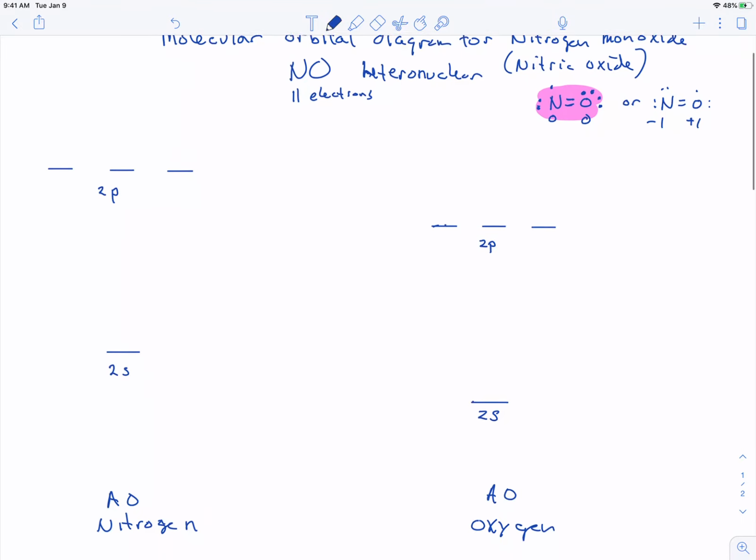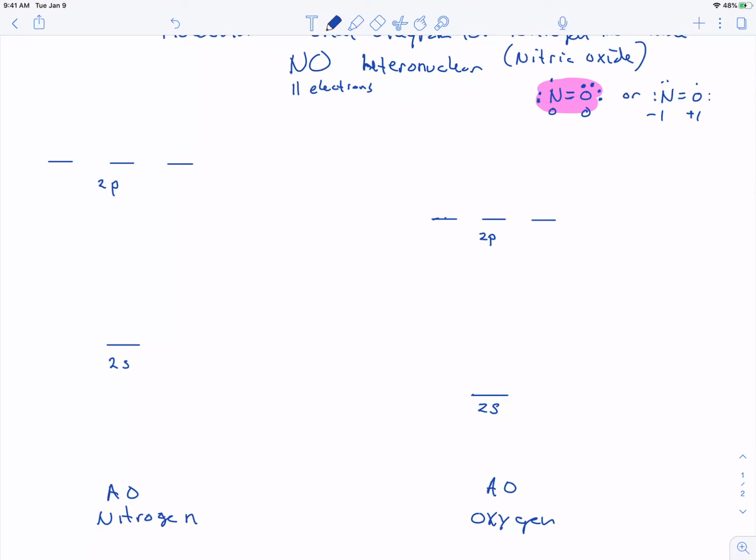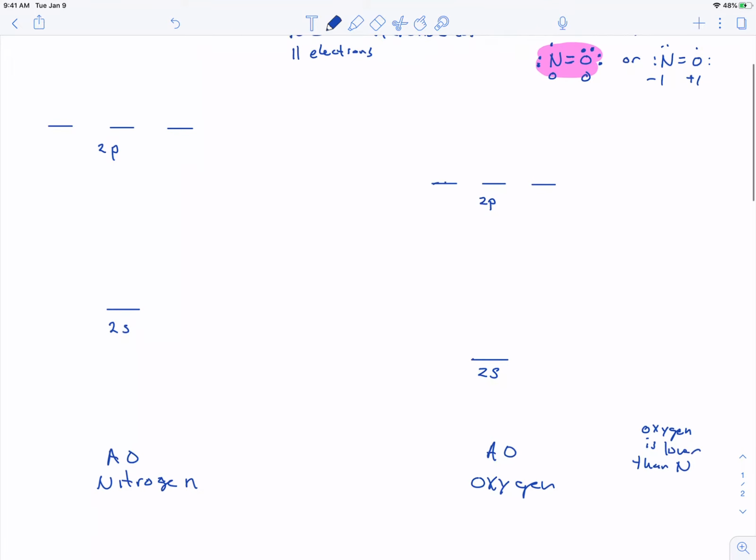Now you'll notice something right away, that oxygen is lower than nitrogen. Now why is that? This is important, and it's very simple.